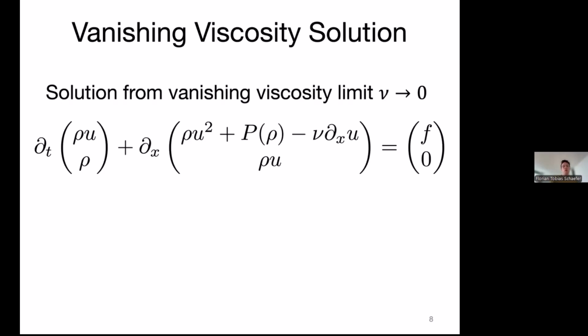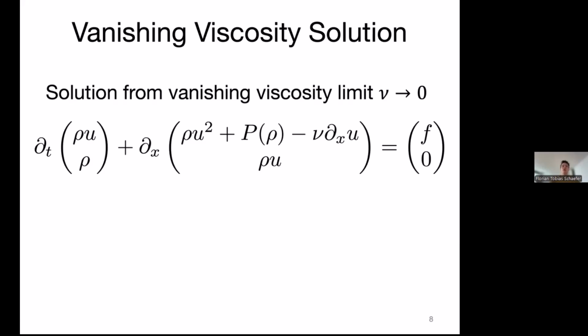Commonly, we think of the appropriate solution concept for these equations as so-called vanishing viscosity solutions, meaning that any gas is going to have some very small amount of viscosity. That's why we're adding a viscous or dissipative term to this equation. But we do not want to actually rely on this viscosity because it is so small compared to the other relevant quantities.